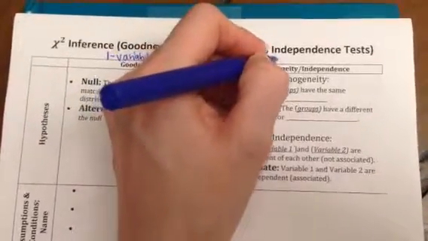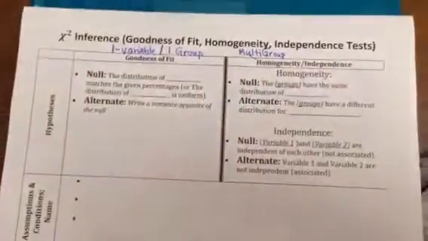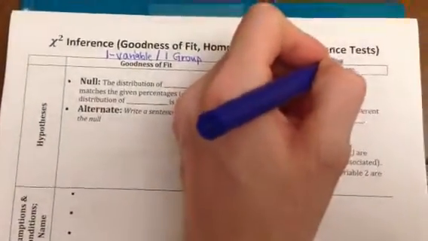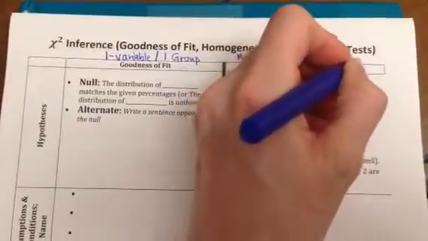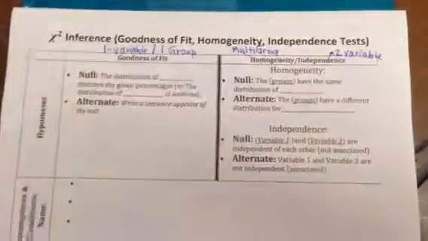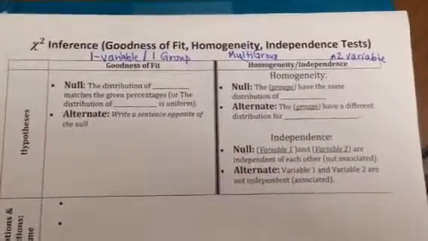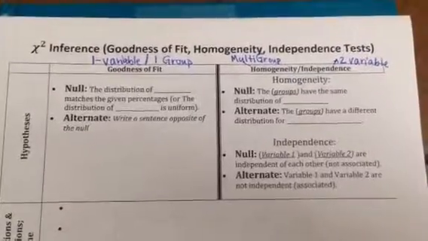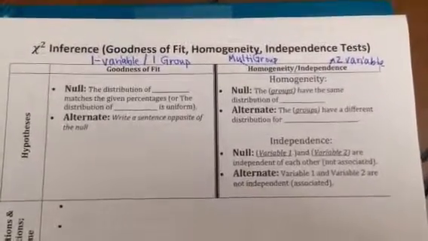Homogeneity is the multi-group one, but it's still one variable, and the independence is the 2 variable. The reason why we're kind of linking them together is that they actually look like the same kind of data sets. They'll have a two-way chart with categories listed for both rows and columns.